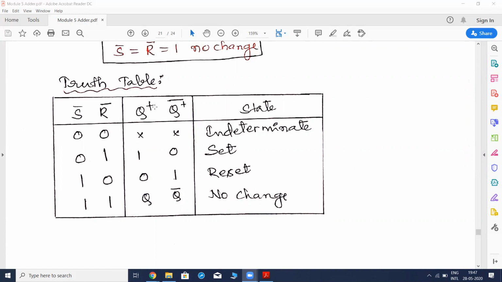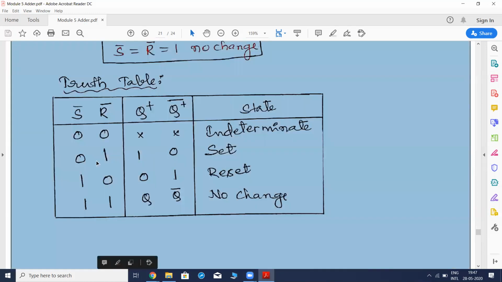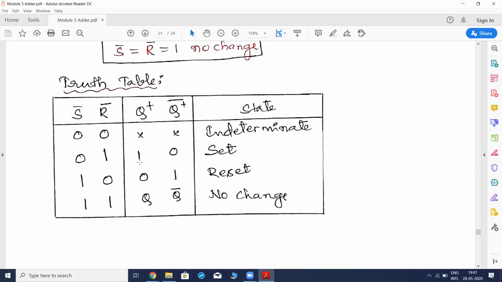Q plus represents the present state. Now when S bar R bar are both 0, we get the indeterminate state. When S bar is 0, we get Q equal to 1, which is called the set state.